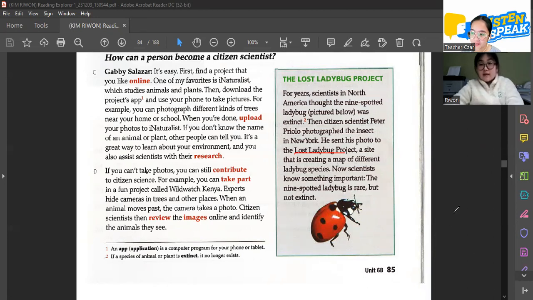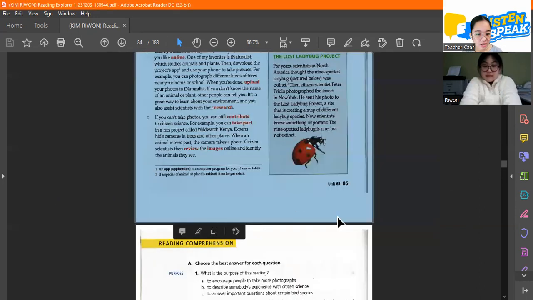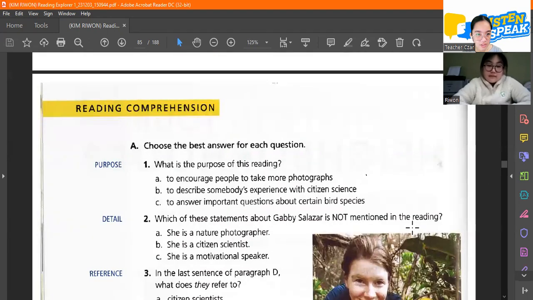It's not common, but we can see it if it's possible. Very good. It's not common because those kinds of animals are rare; you will not see them often. Very good.